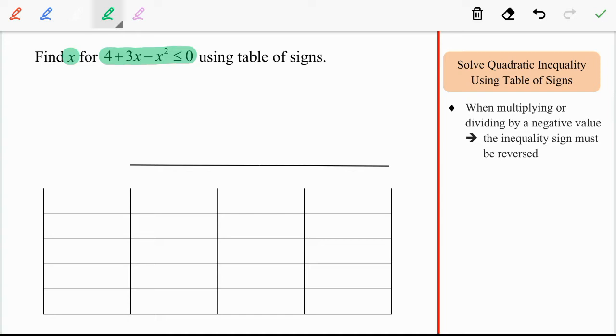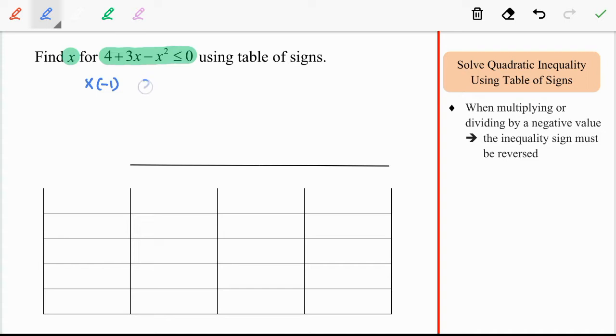But before we start doing that, we have to make sure that the coefficient of x squared is positive, because factoring is often easier if the coefficient of x squared is positive. So here we are going to multiply the quadratic expression by -1.